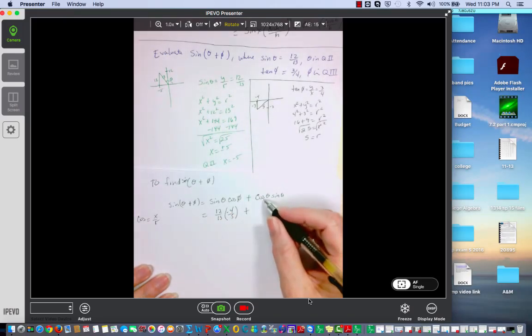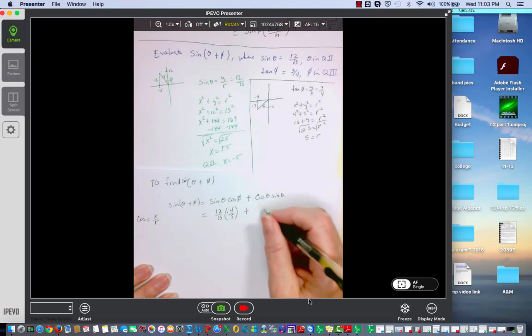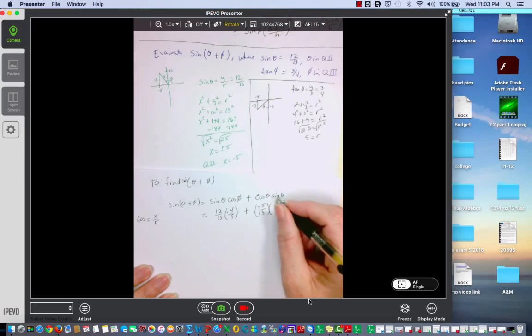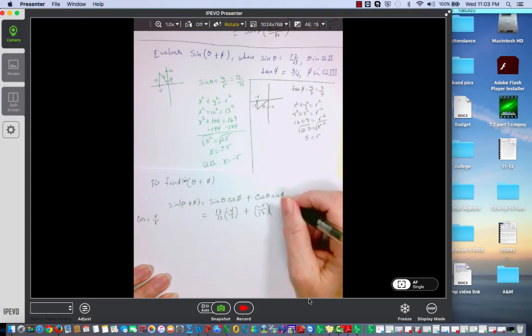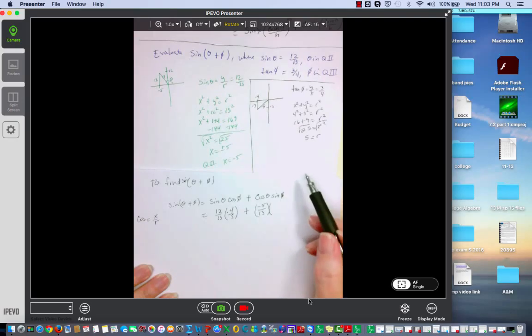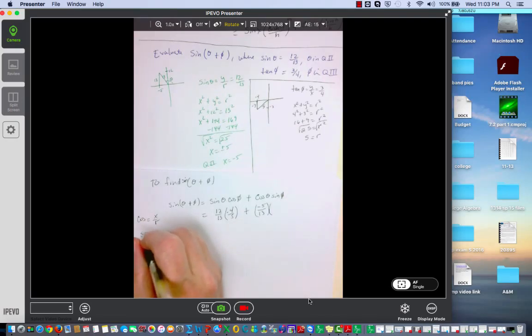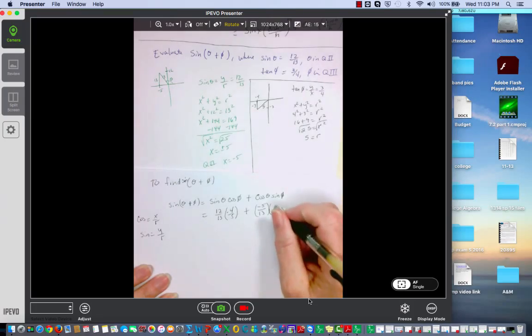Plus, we need the cosine of theta, which is going to be our x value of negative 5 over our r, which is 13, times the sine of phi. Sine is equal to y over r. Our y value is 3, and our r value is 5, but we're in quadrant 3, so it's negative.